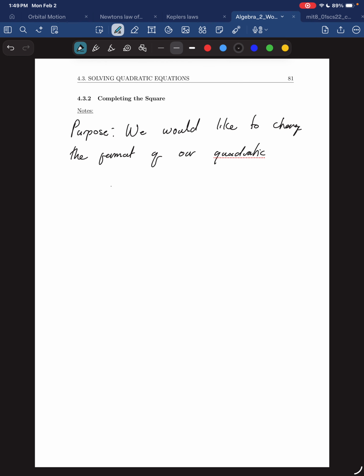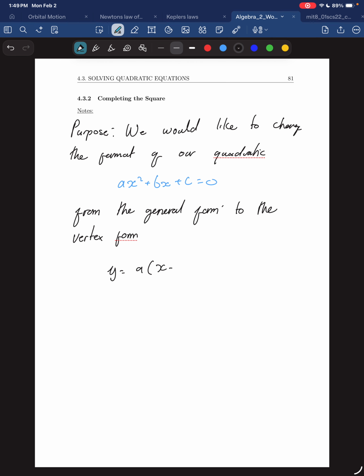We would like to change this from the general form, the ax squared plus bx plus c, to the vertex form. The vertex form is y equals a(x minus h) squared plus k.